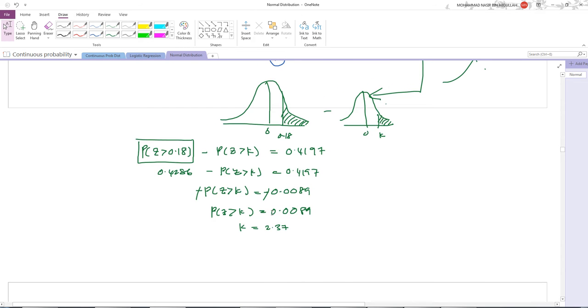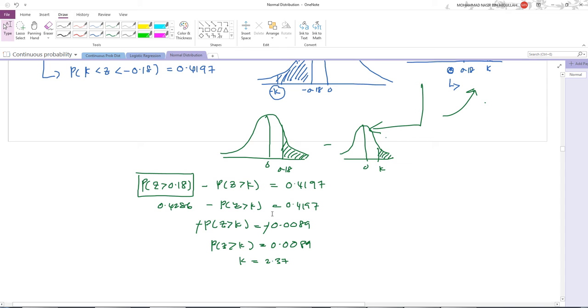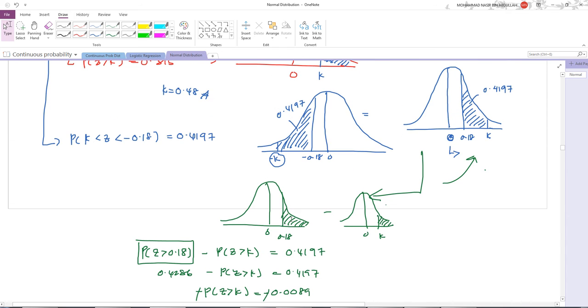But this is not our real K because we are measuring to the right hand side, kan? We are calculating on the right hand side ni kan? So to find the real K, K should be, and kita nak tengok dekat sini, should be negative 2.37.